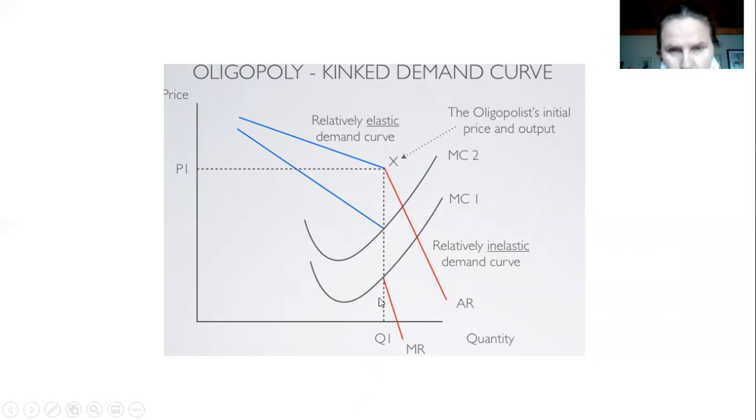So Q1 will be the quantity and P1 will be the price. Okay. Now, what you need to understand is they won't do it higher and they won't do it lower. And you need to be able to answer why they won't do it higher and why they won't do it lower. Right. Why won't they do it higher?